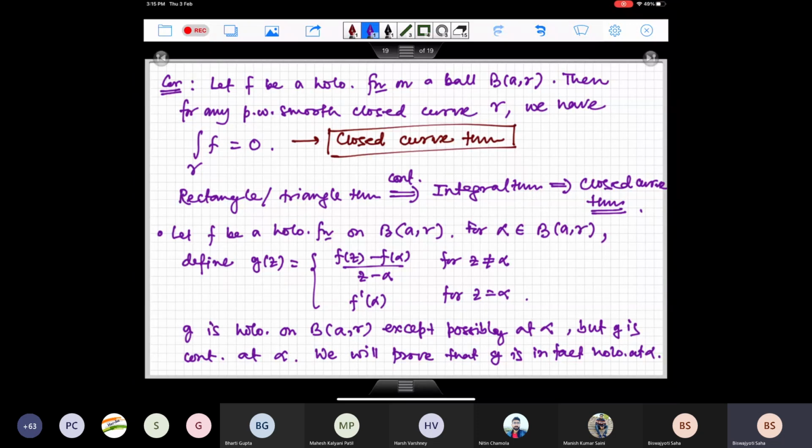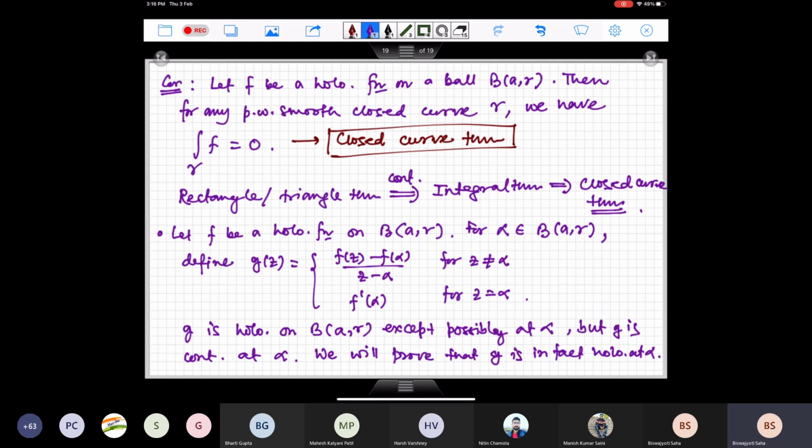Okay, so to do that, see at this moment, from the information that I have, g is continuous in the whole ball, and it's also holomorphic on the ball except possibly at alpha. So in general, I have continuity. Just keep that in mind.